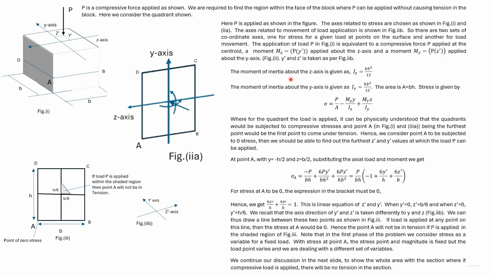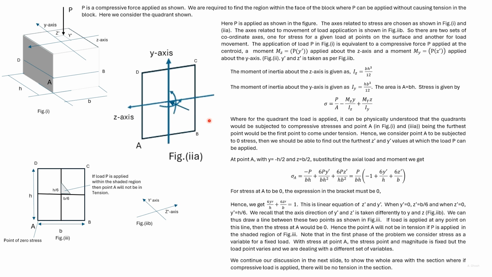The moment of inertia about the z-axis is b h cubed by 12, and the moment of inertia about the y-axis is h b cubed by 12. The area of this rectangle is b into h. This was the algebraic equation we obtained for stress when the loading was eccentric.